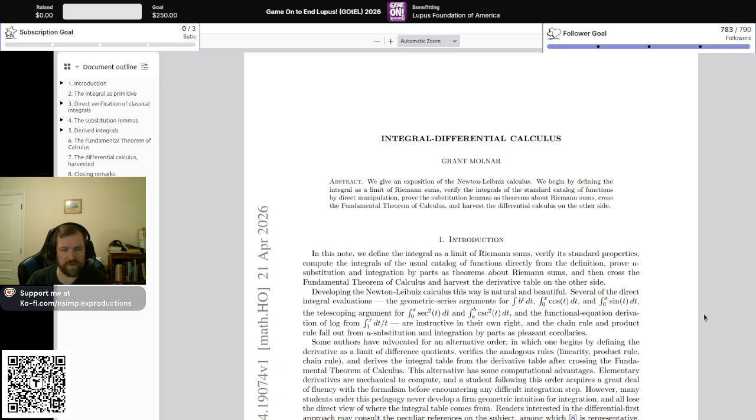Elementary derivatives are mechanical to compute, and a student following this order requires a great deal of fluency with the formalism before encountering any difficult integration step. However, many students under this pedagogy never develop a firm geometric intuition for integration and lose the direct view of where the integral table comes from.